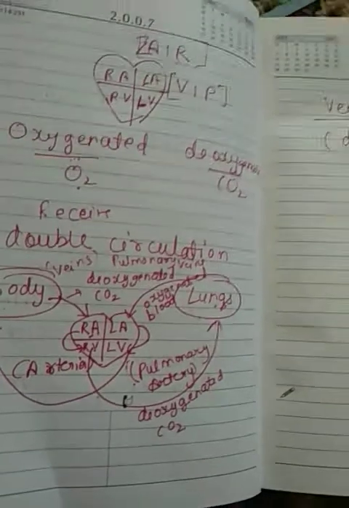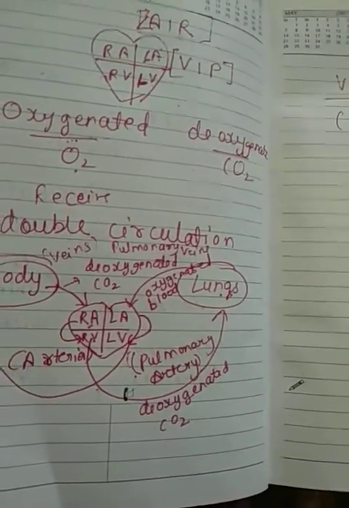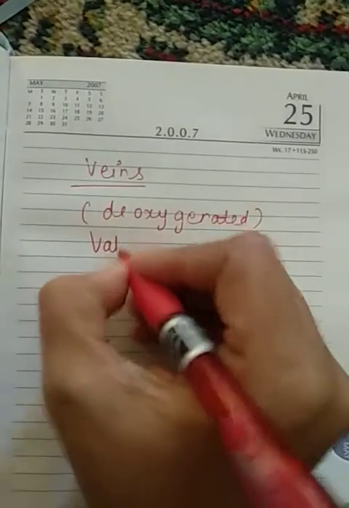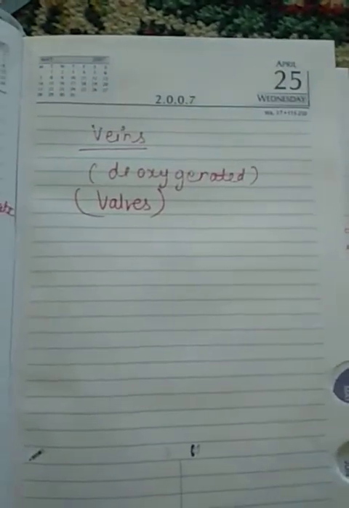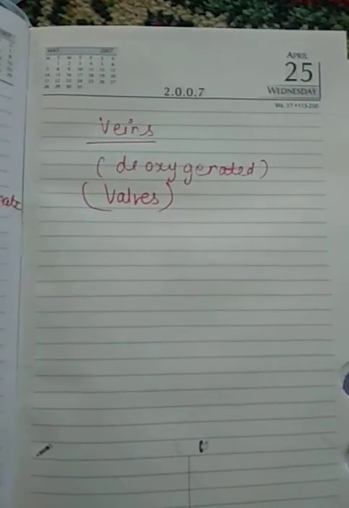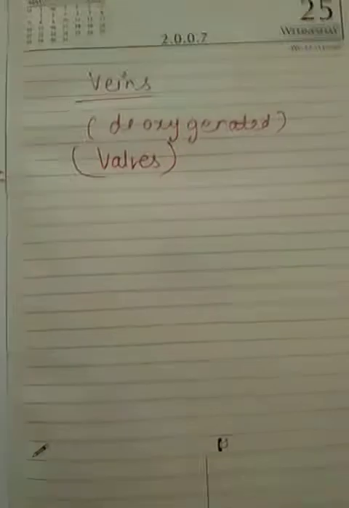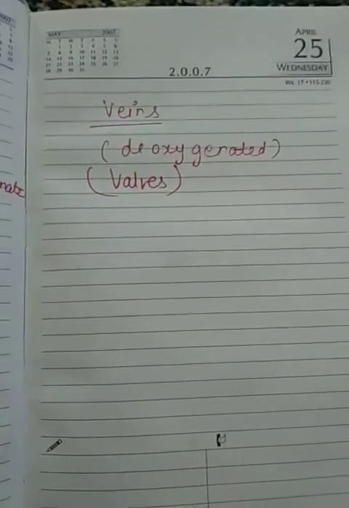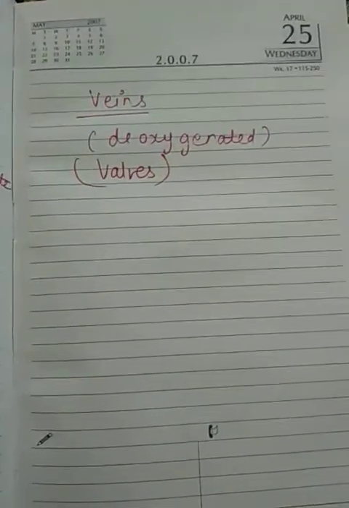We do not want backflow of blood to take place, so that is why valves are present. The blood can flow only in one direction, toward the heart. A valve is similar to a door, which can regulate the exit and entry of people. So that is the purpose of valves.